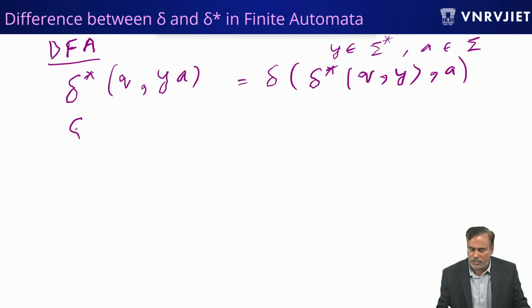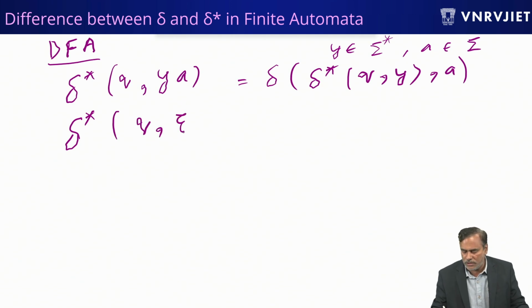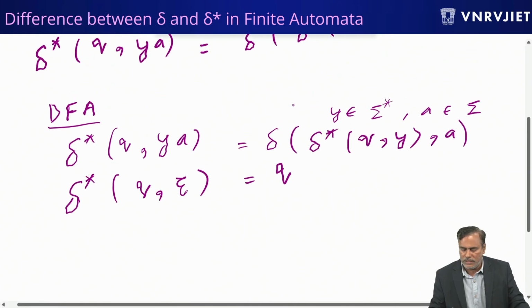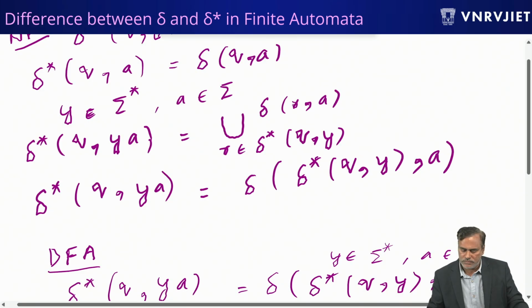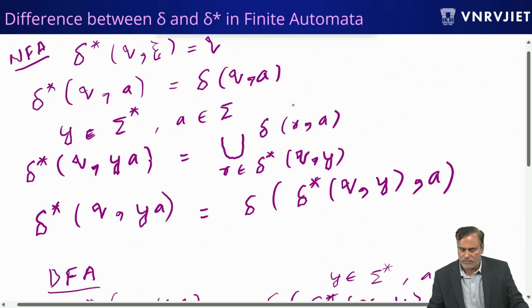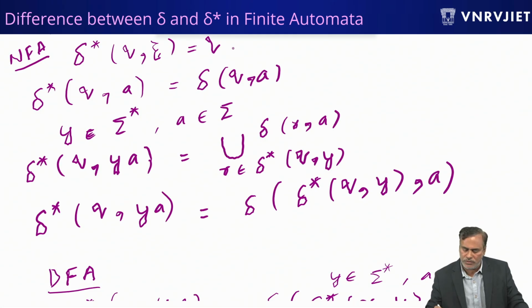Also make a note that with respect to DFA, delta star of Q on epsilon is Q itself. This is true even with respect to NFA. We have taken delta star of Q on epsilon is Q. So it is the same for both DFA and NFA.